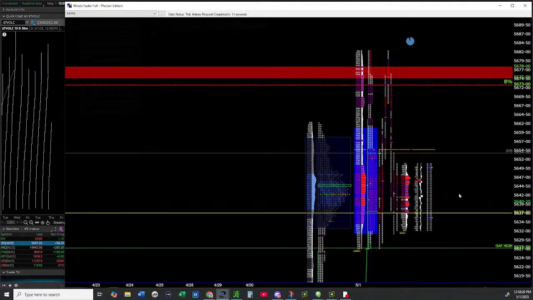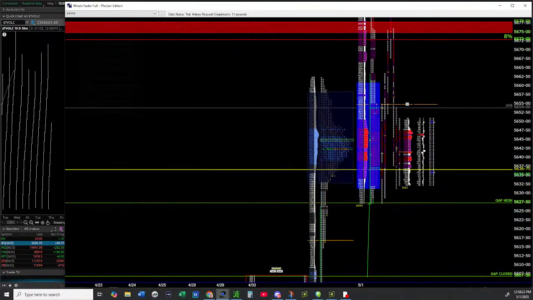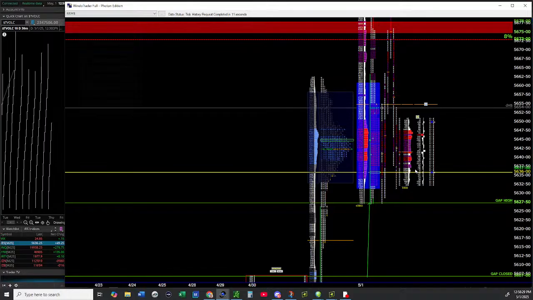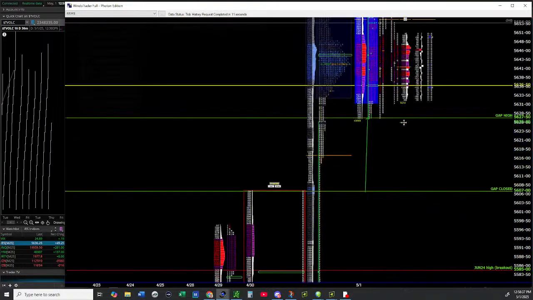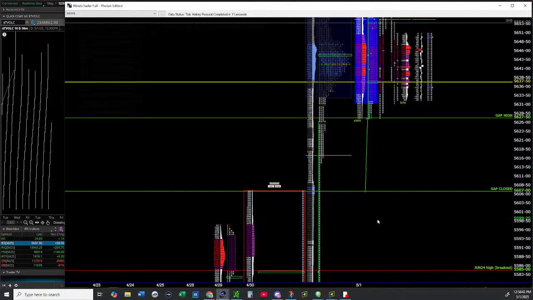POC, if this range has downside extension, POC right now is up here. POC can come down here. The only thing it needs, just like yesterday, is downside extension to move POC lower. Moving down here, the market needs to come around this area, which is the 5,600.